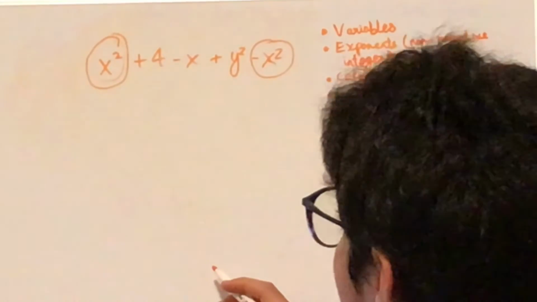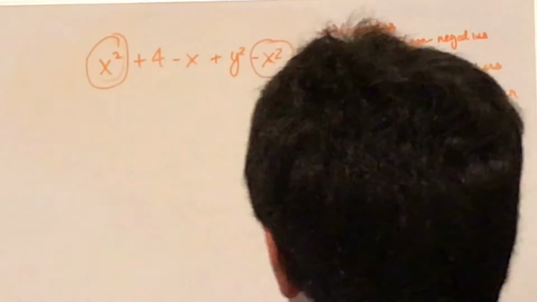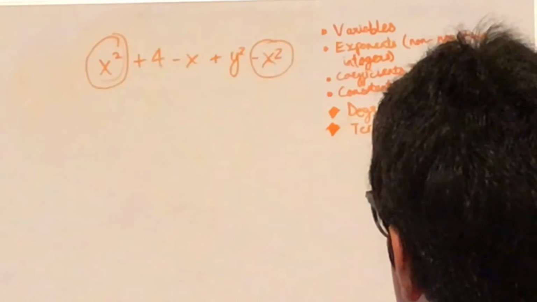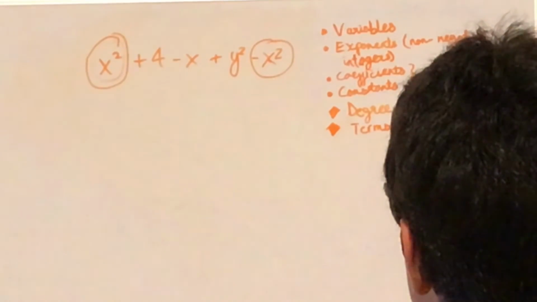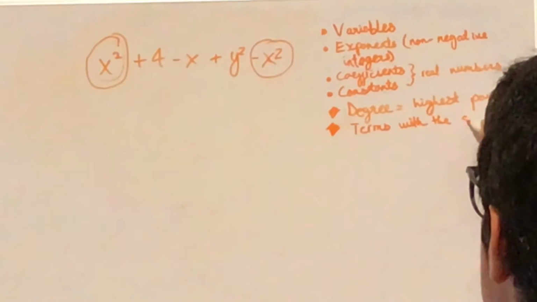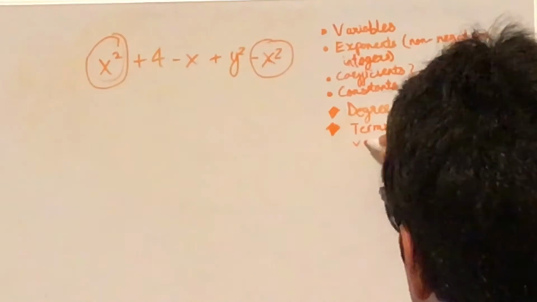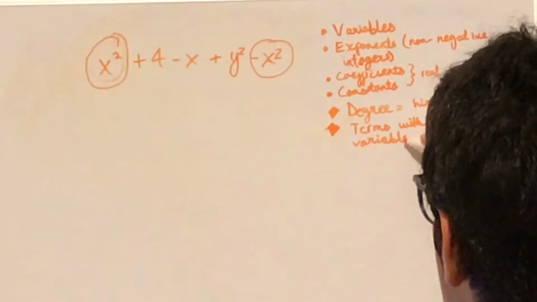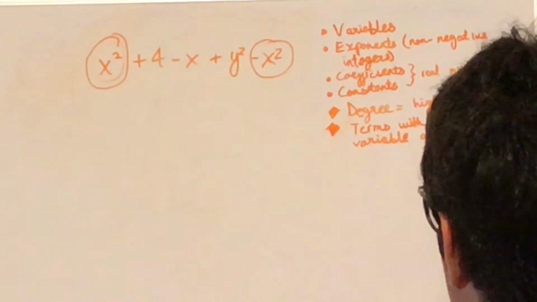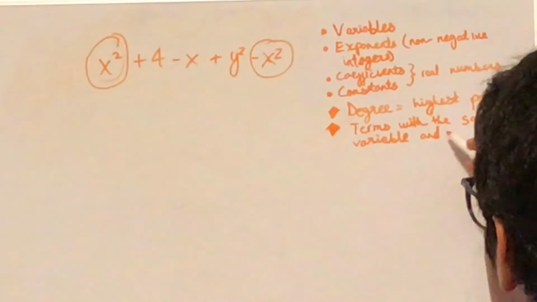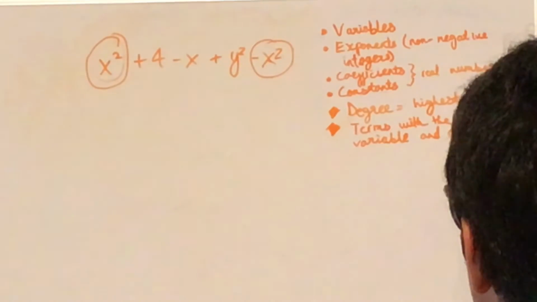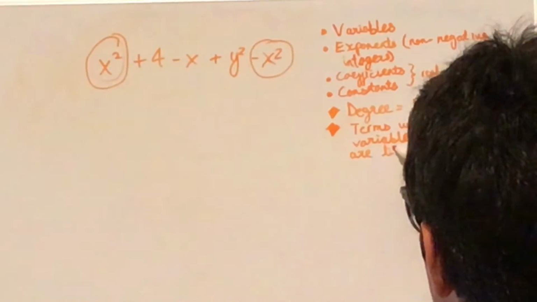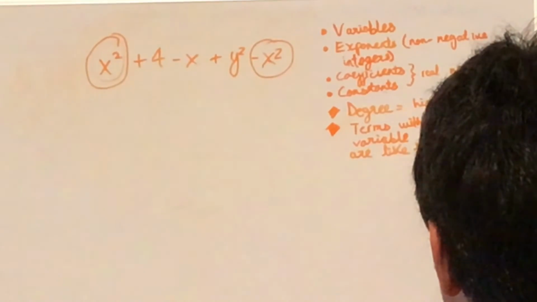And basically any terms which have the same variable and the same exponent, and the exponent by definition has to be a non-negative integer, are like terms.